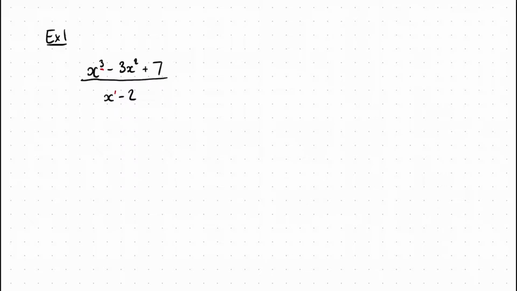To do this, we do the same thing that we did with the improper fraction, where we divide the numerator by the denominator. Hopefully you've learnt how to divide polynomials, and if you haven't, I'd suggest going back and watching a previous video on this, so that can help you understand where this next process is coming from. So we're going to divide x cubed minus 3x squared plus 7 by x minus 2.